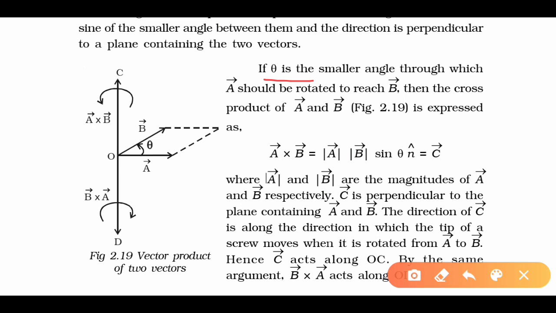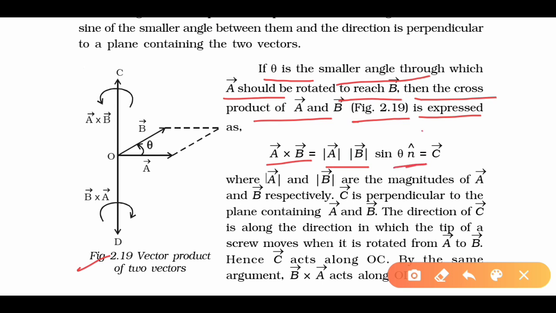If theta is the smaller angle through which A vector should be rotated to reach B vector, then the cross product of A vector and B vector, as shown in figure 2.19, is expressed as A cross B vector equals mod of A into mod of B sine theta n cap. N cap is a unit vector which denotes the direction of A cross B vector.